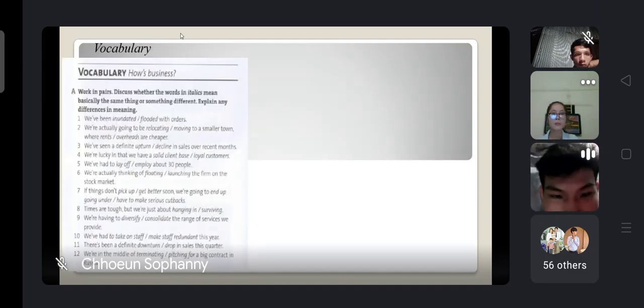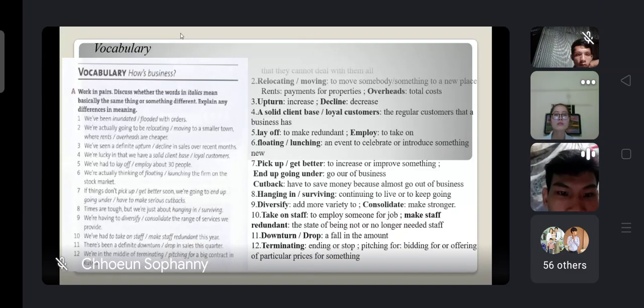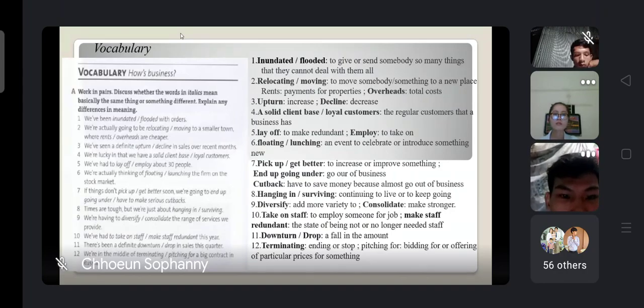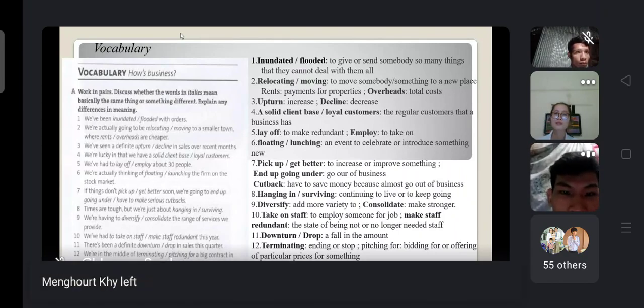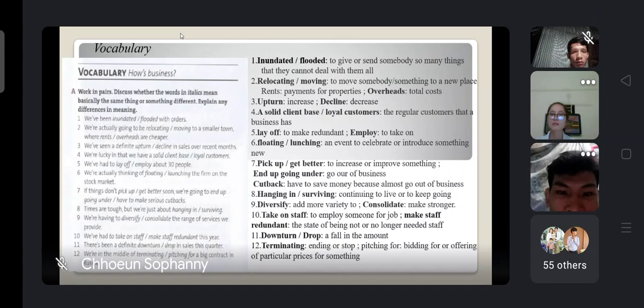Next slide, please. Okay, here is the vocabulary section. I will explain from 1 to 12. In each number, I will explain the vocabulary. Number 1 is inundate, or we call it flood. They have the same meaning.